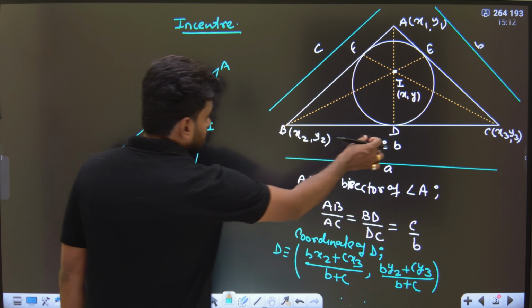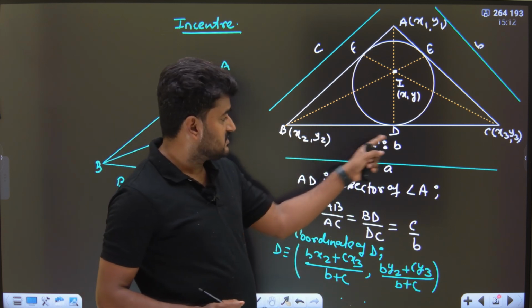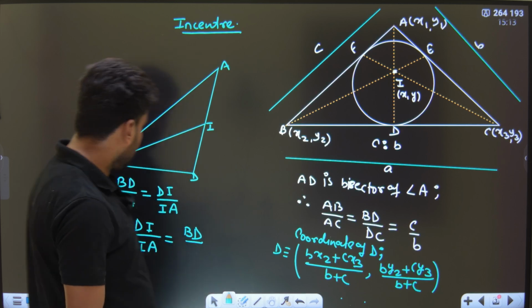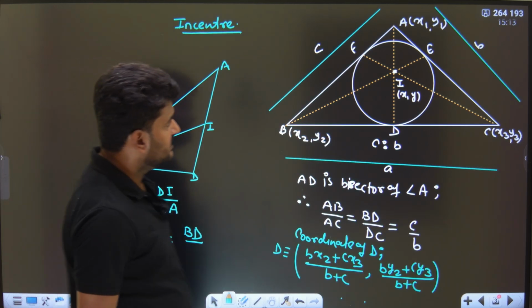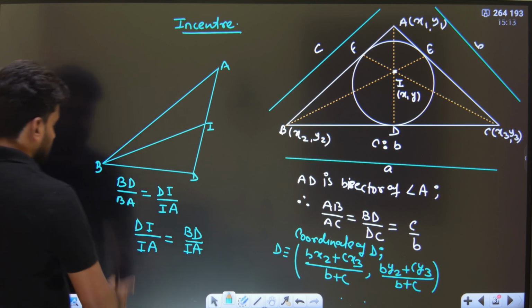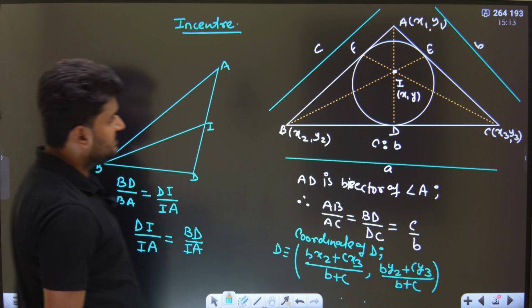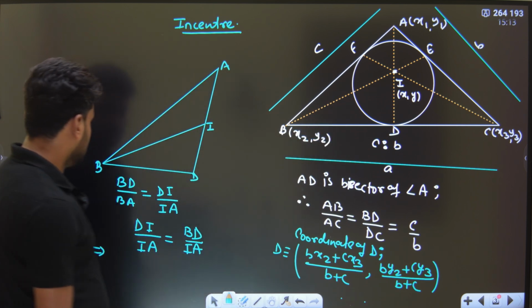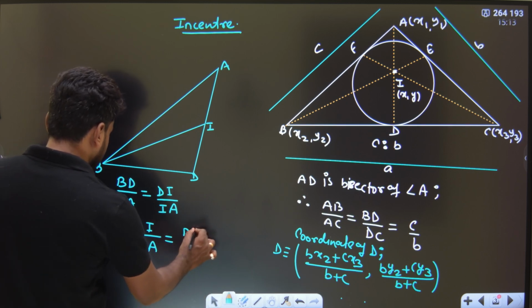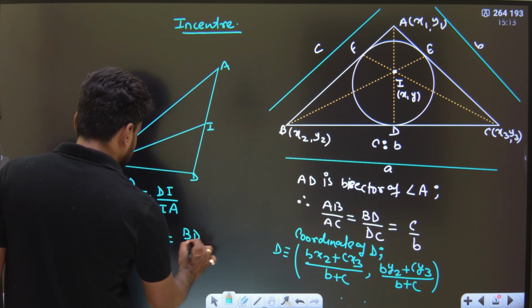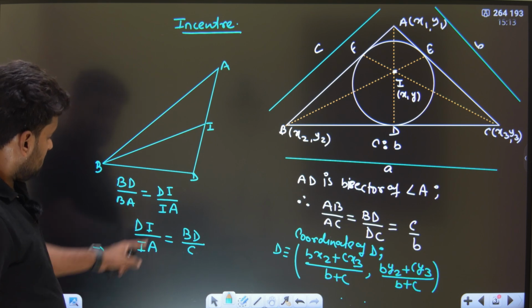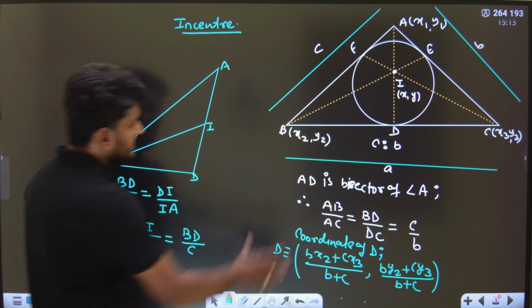Don't say, sir, BD will be c, because c ratio b is the ratio of BD upon DC. BA length is c. It means now I will find only the length BD.